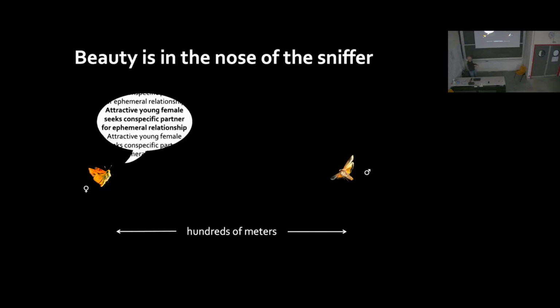And males, which typically are situated hundreds of meters away, receive this olfactory signal. The turbulent wind, of course, as you can imagine, mixes this odor and dilutes it, so that when the signal arrives at the receiver, it's extremely corrupted and mangled by the turbulent flow itself.